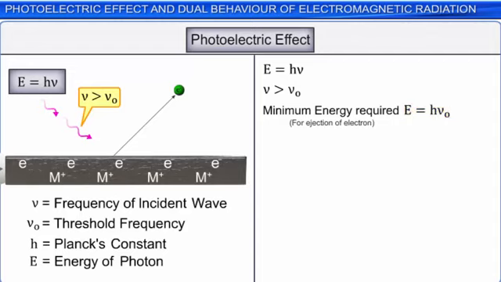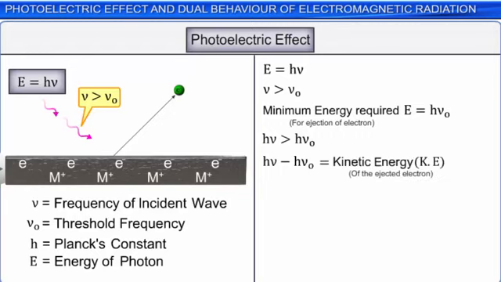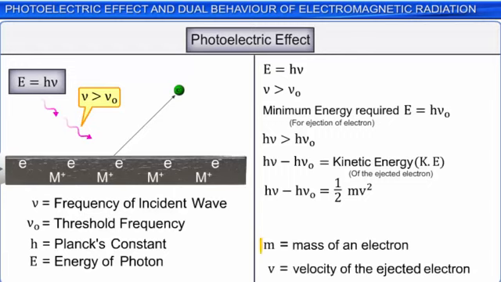As the energy of the incident photon h nu is greater than h nu 0, the remaining energy, that is h nu minus h nu 0, is imparted as kinetic energy to the electron. Thus, h nu minus h nu 0 is equal to half m v squared. Here, m is the mass of an electron and v is the velocity of the ejected electron.